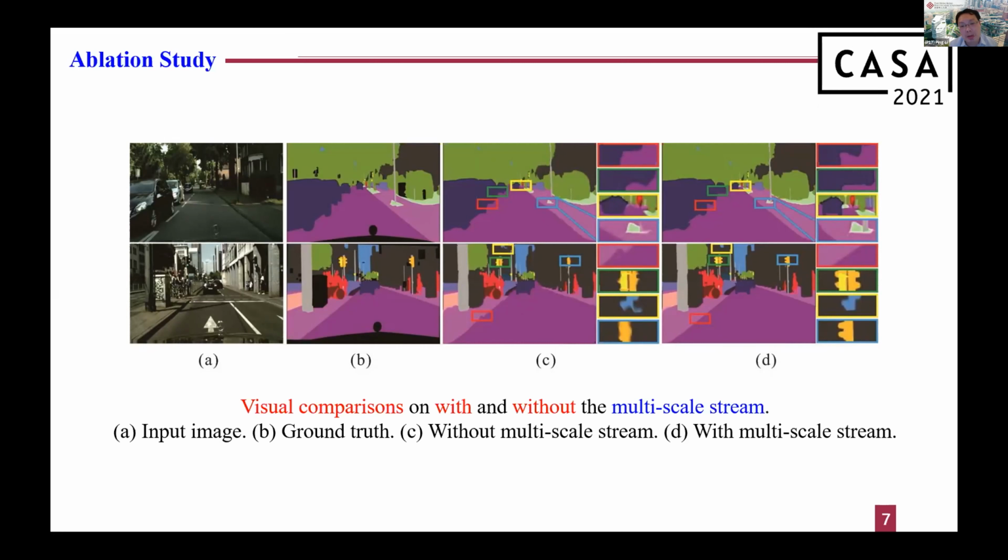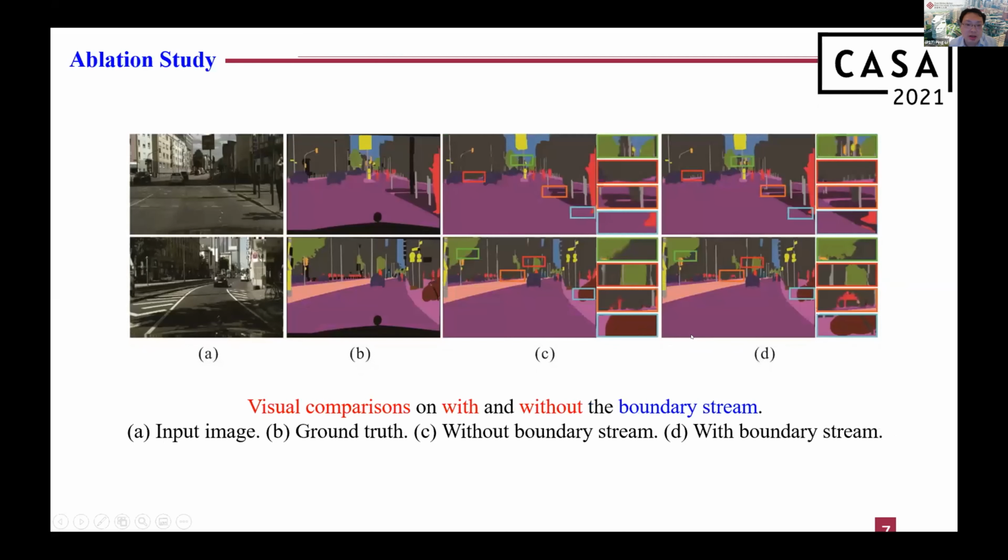We use rectangles of different colors to indicate different areas. You can see the comparison between with and without multiple scale streams. Especially for the small-scale objects, we enlarge them, so you can see clearly that there is an obvious difference and it is much closer to the ground truth. So the method is meaningful to have multiple scale streams, especially for extremely small-scale objects.